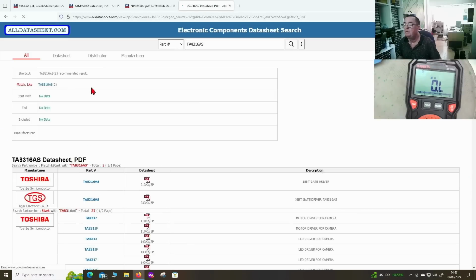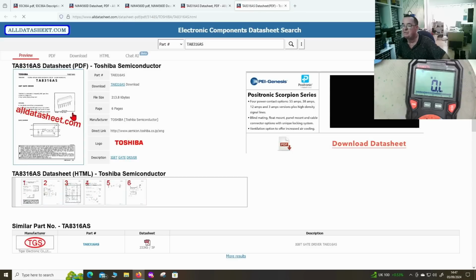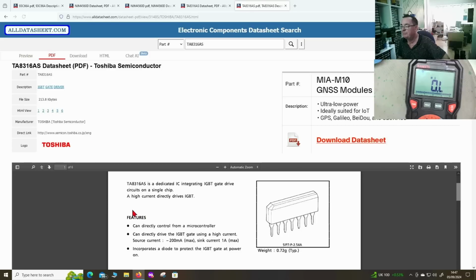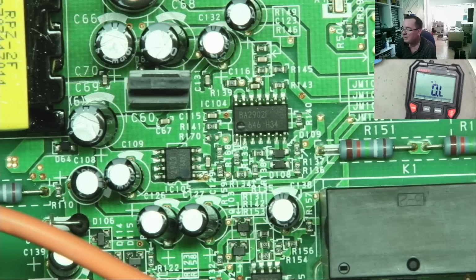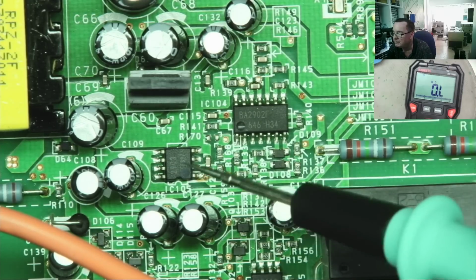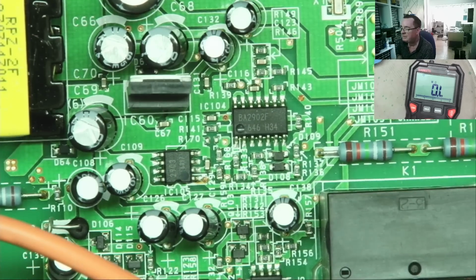Okay, what do you do? Oh, this is the gate driver for that IGBT, so that's nothing we need to really think about. Okay, that's nothing involved with voltage regulation. So I still haven't found out where this plus and minus comes from, but what's this thing? Just marked 2903. Does that have a data sheet?